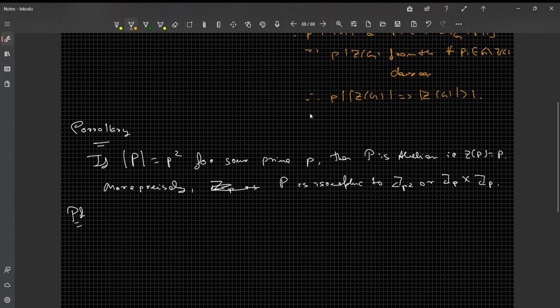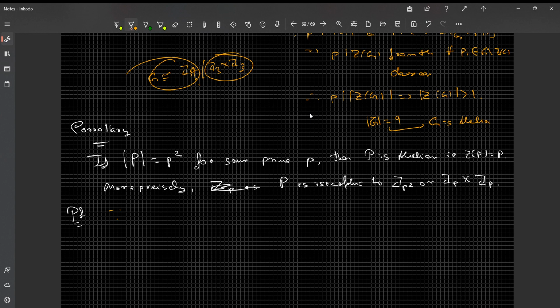Suppose you have a group, say G, such that the order of G is 9. Then we can directly say that G must be abelian, right? Because G is of order 3 squared. And since G has order 9, G is isomorphic to Z9 or Z3 cross Z3. Clear?